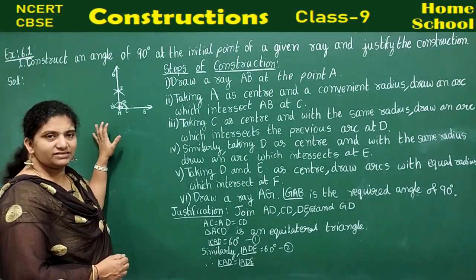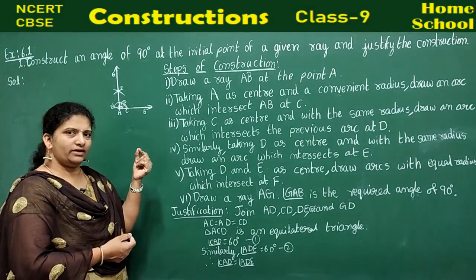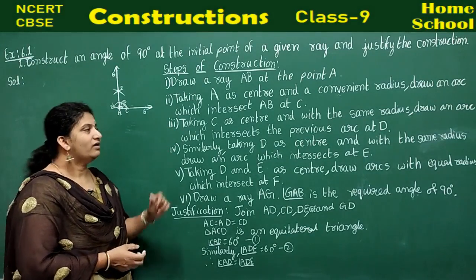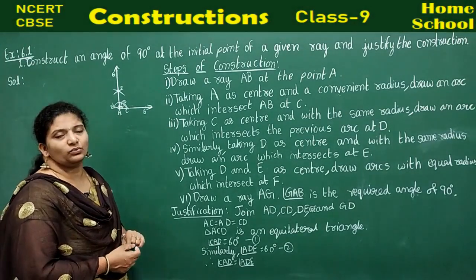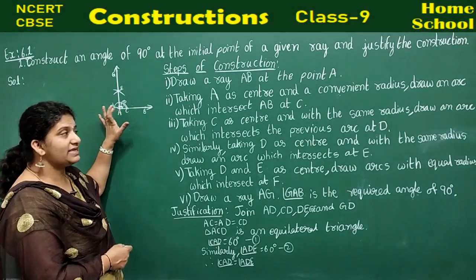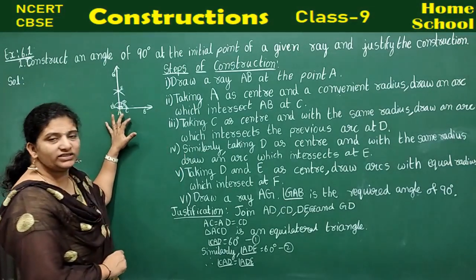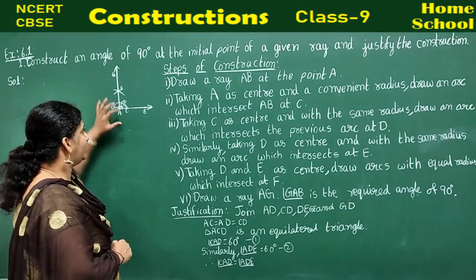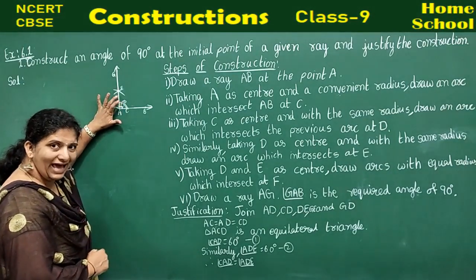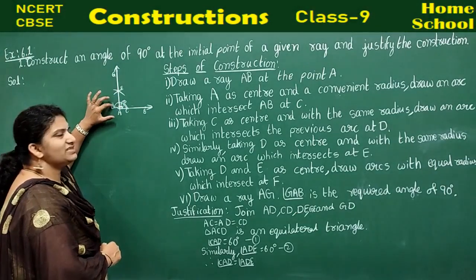Taking A as the center and a convenient radius, your wish, you can extend your radius like this but take a fixed radius, and draw an arc which intersects AB at C. Next step, taking C as a center and with the same radius, draw an arc which intersects the previous arc at D. Next step, similarly, taking D as a center and with the same radius, draw an arc which intersects at E.